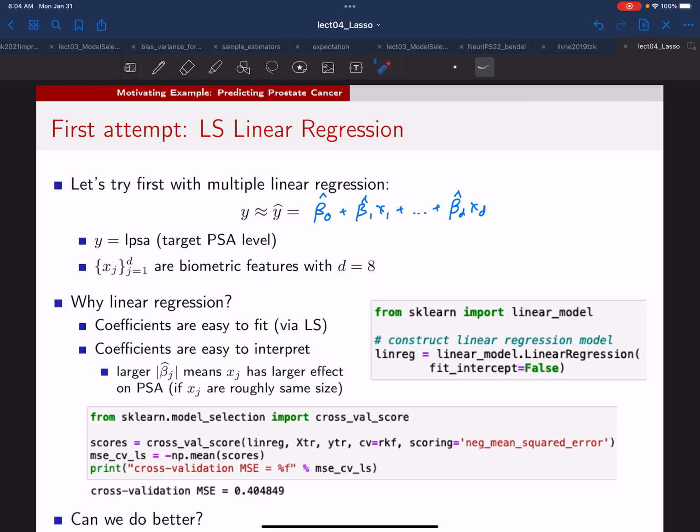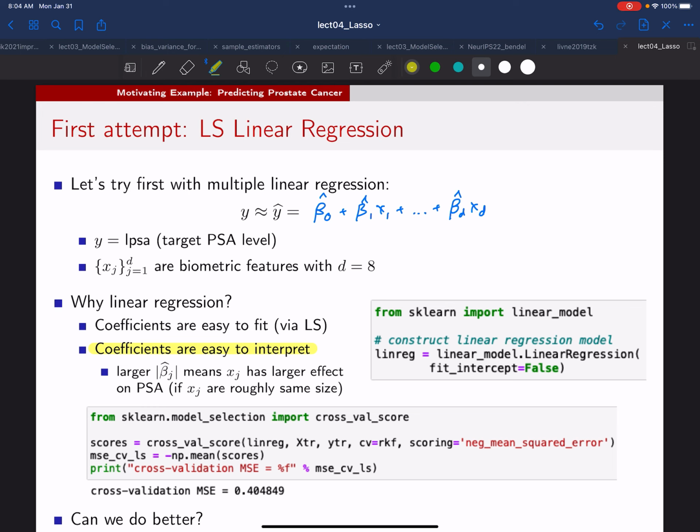It's important to remember some of the advantages of linear regression, why we use it. The coefficients are very easy to fit. You can just run least squares very easily on this data set. And in particular, for this unit, the coefficients are easy to interpret.